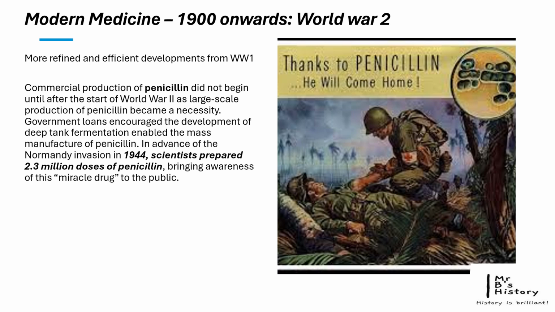And that poor chap died because they ran out of penicillin, didn't have enough to treat him. But by 1944, thanks to the war and the efforts, 2.3 million doses of penicillin escorted the D-Day landings.